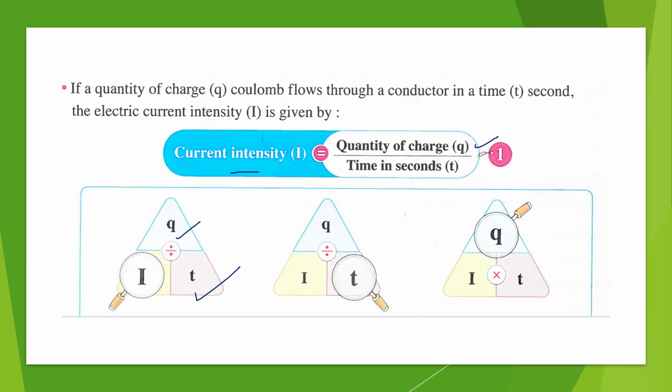From this relation, I can determine the current intensity, the quantity of charges, and even the time measured in seconds. So the current intensity, which takes letter I, equals Q, the quantity of charges, over time, which is measured in seconds.